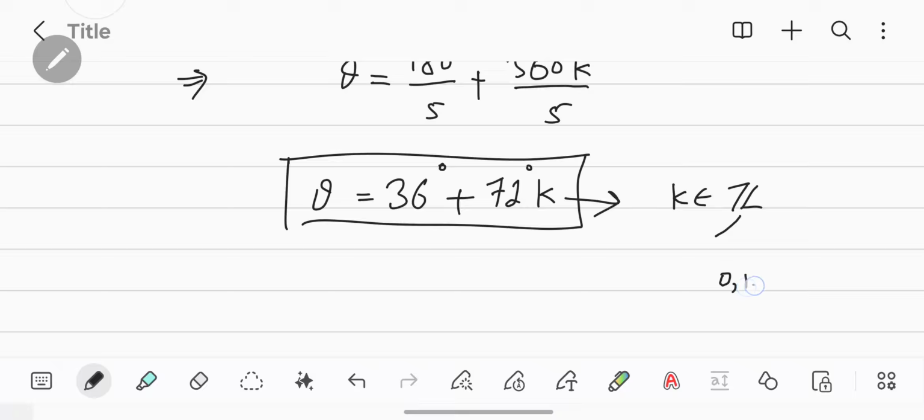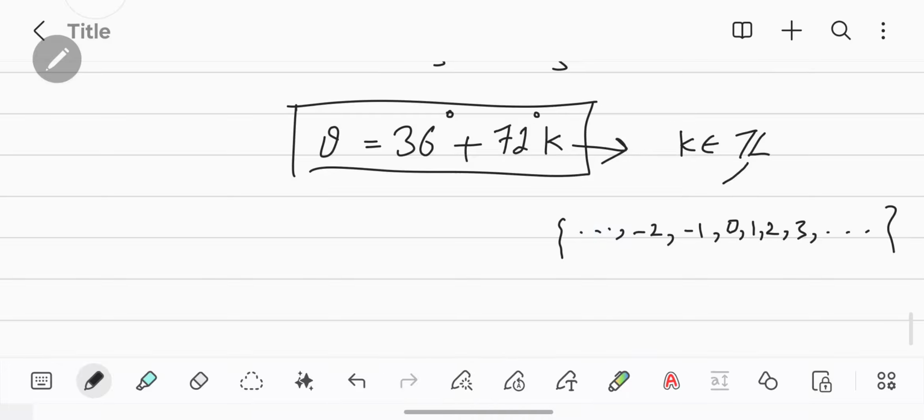Here we'll write 0, 1, 2, 3 and so on, and here we write -1, -2 and so on. Normally we have to take 5 different values of k, so I will take these 5 different values: 0, 1, 2, -1, -2.